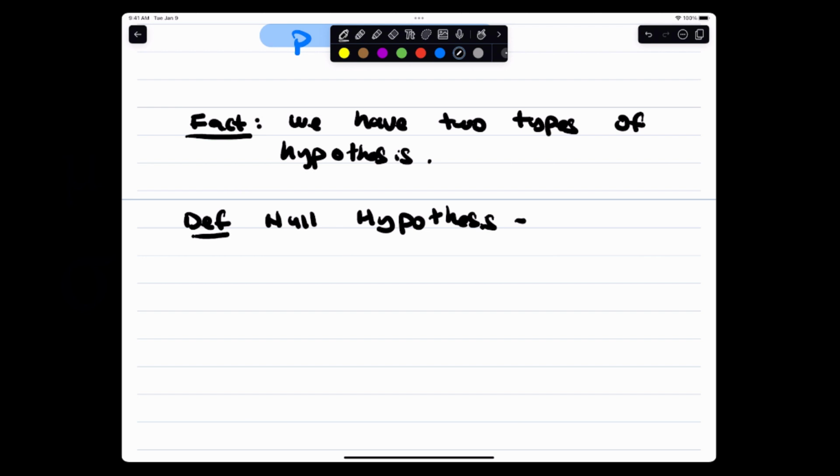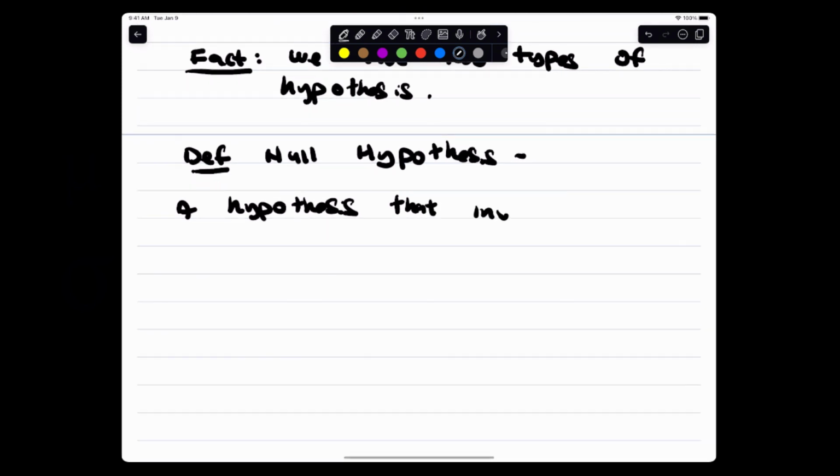So the null hypothesis is a what? Is a hypothesis that involves a condition of equality.